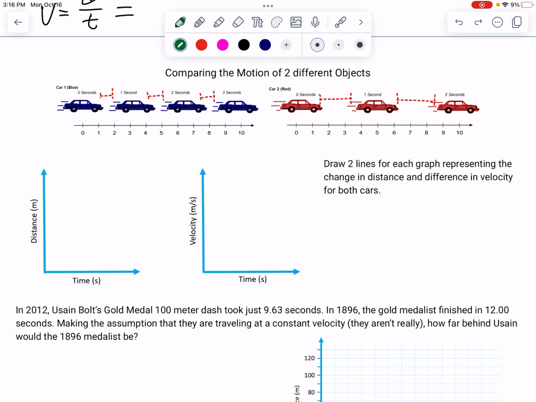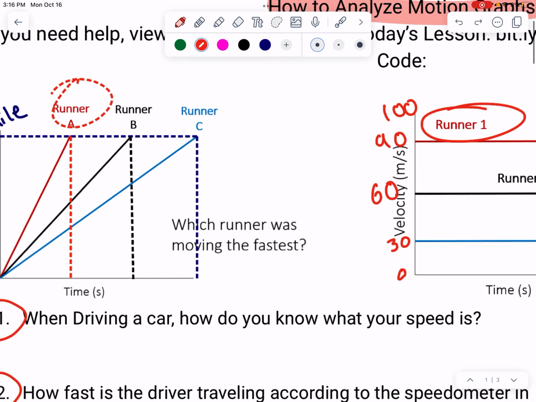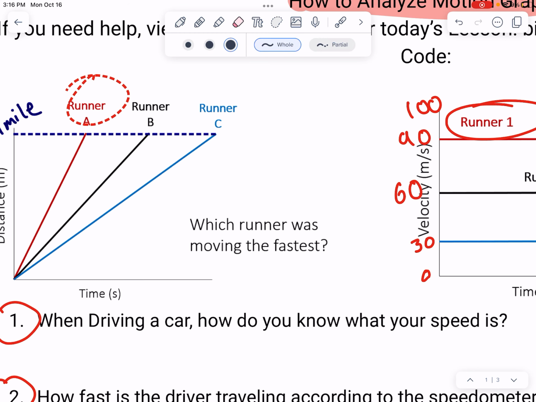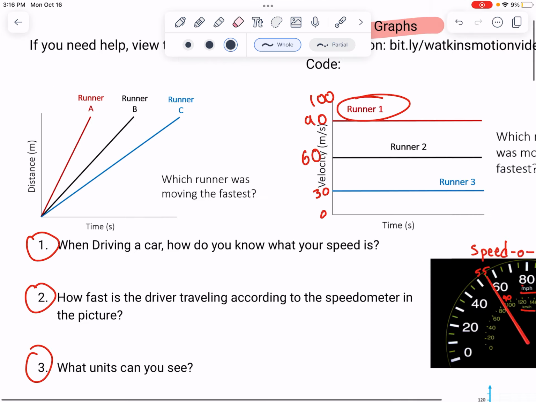What I want you guys to do is try and figure out what the speed of each car would look like on a distance time graph. So this is kind of going back to the very beginning here. Instead of 3 lines, you just have 2, one for each car, a red line and a blue line.